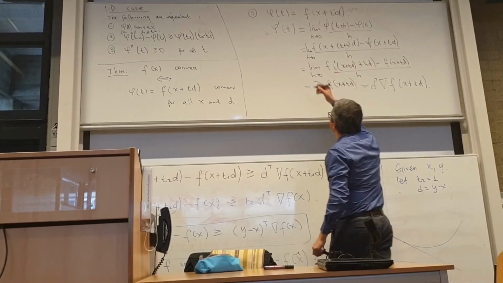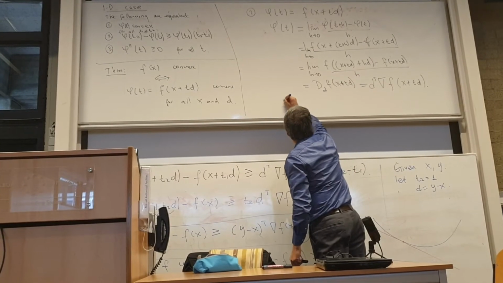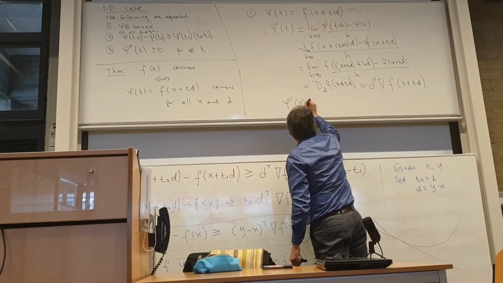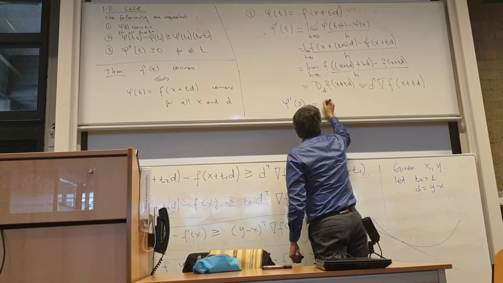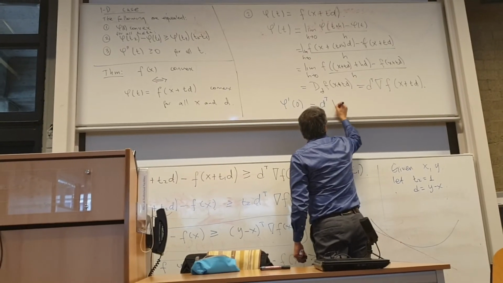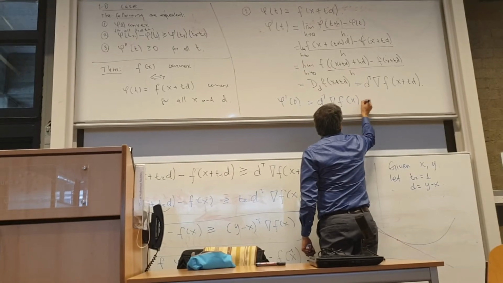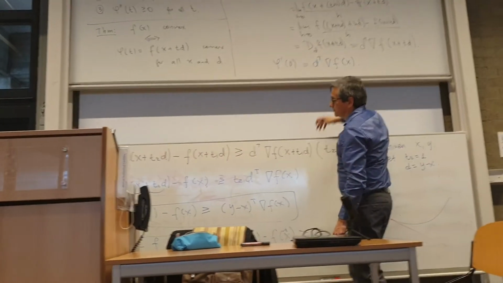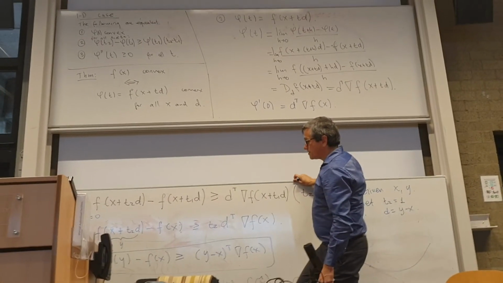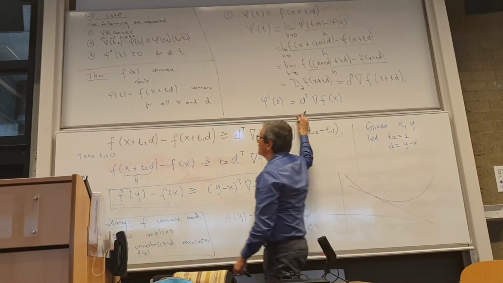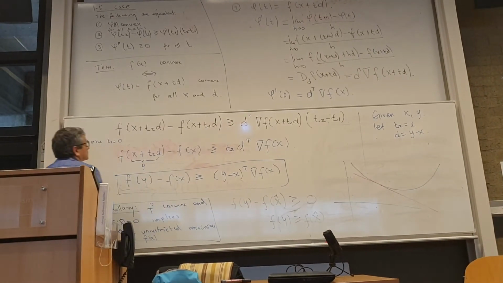What we really got from here was that, remember this, phi prime of 0 is equal to d transpose the gradient of f of x. So now the question is, what is phi double prime of t?